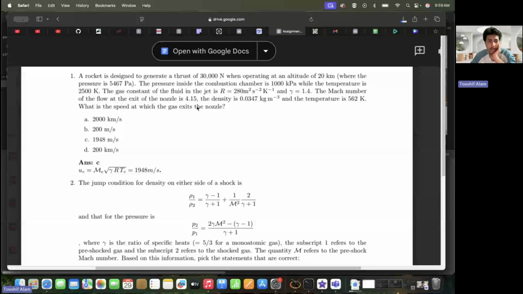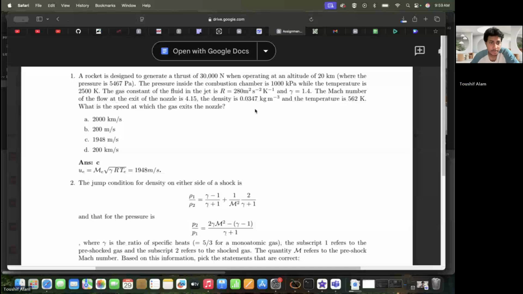You can easily calculate and you'll get approximately 1948 meter per second. The other values, such as force and altitude, are not useful here, but this is to check your knowledge.